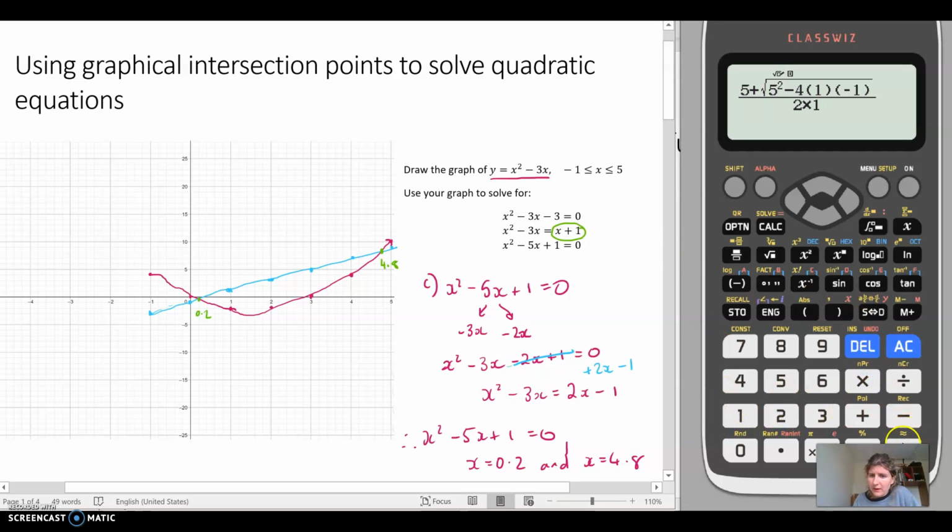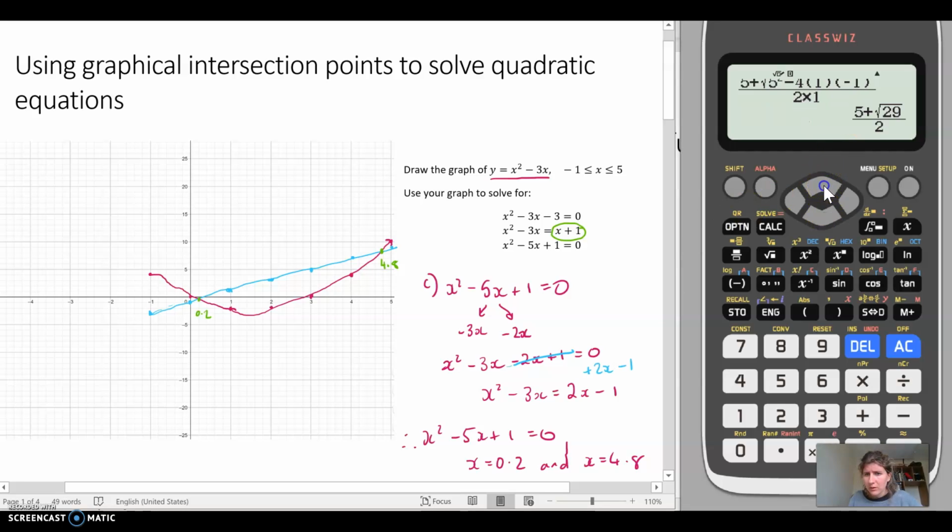And if we press enter and convert that to a decimal, we end up with 5.19. Now, you can see that that's actually not very accurate. Do you know why? It's because that shouldn't be a negative 1 there.